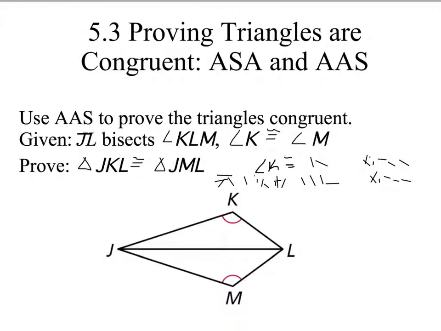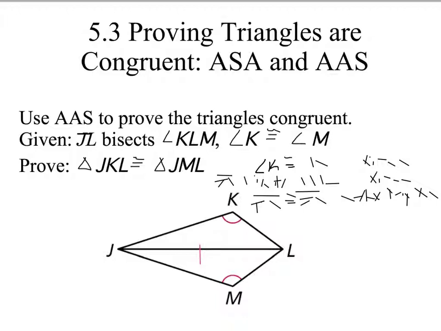If you need to separate them to make it easier to visualize, please do so. We also know that JL is congruent to JL. Why? Because of our reflexive property.